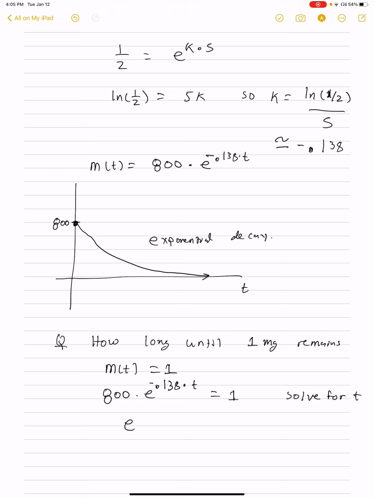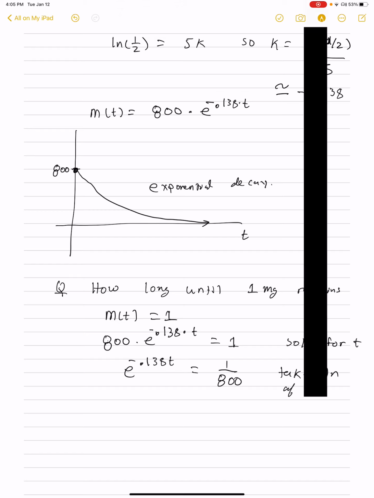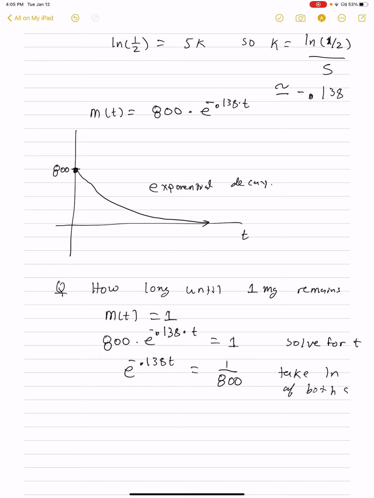Okay, so we get e to the minus 0.138 t is going to be 1 over 800. Then to solve for the next part, we're going to take the log of both sides. So we're going to get minus 0.138 t is equal to ln of 1 over 800.